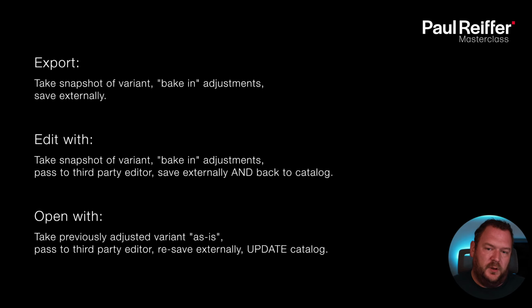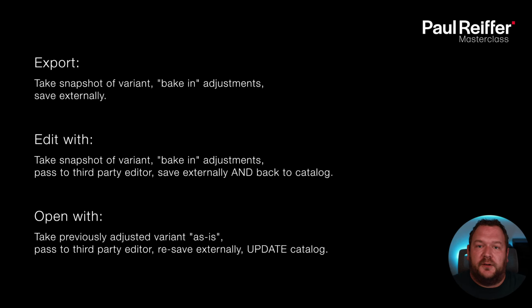Open with. Imagine I've got one of those TIFF files. Well, I don't want to create another TIFF file, so think about it. If I come back to Capture One tomorrow and I go from this picture to a TIFF file and I want to continue working with that TIFF file, I don't want to edit with, because what's edit with going to do? It's going to take a snapshot, create a new file, pass it to a third-party editor, and then save it down again.